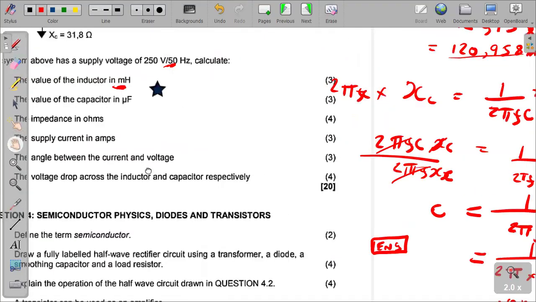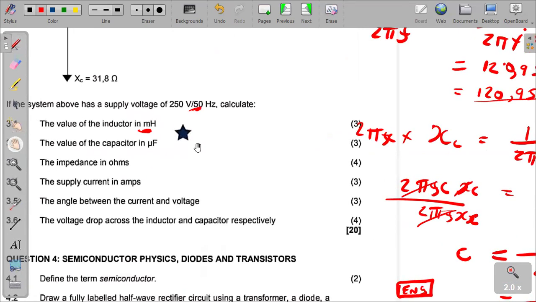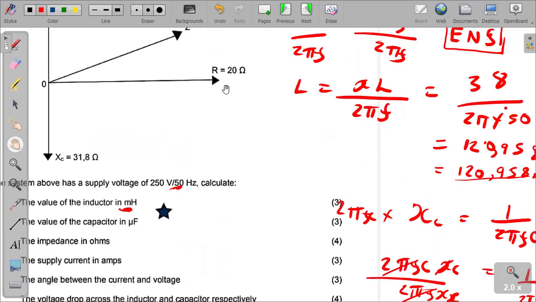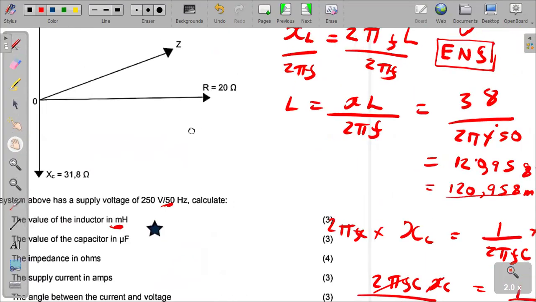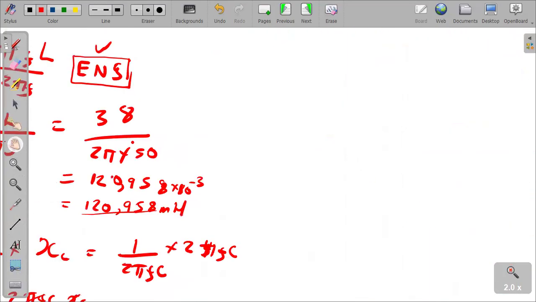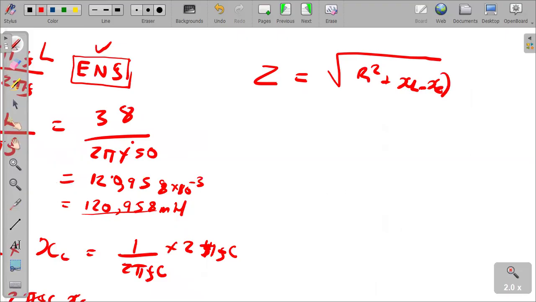Okay, let's quickly go to the impedance in ohms. So we want to calculate the impedance now. We have XC, we have XL, we also have R, the resistance. So it's possible to calculate, we can use directly Z is equal to the square root of R squared plus, we have XL and XC, so we will say XL minus XC bracket squared.